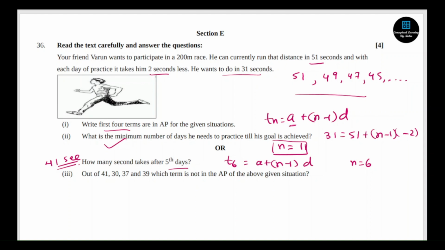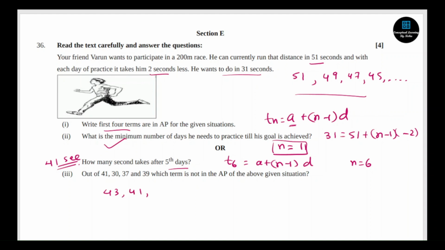Now, out of this, which term is not in the AP? If you continue this, after 45, what will be there? 43, 41.